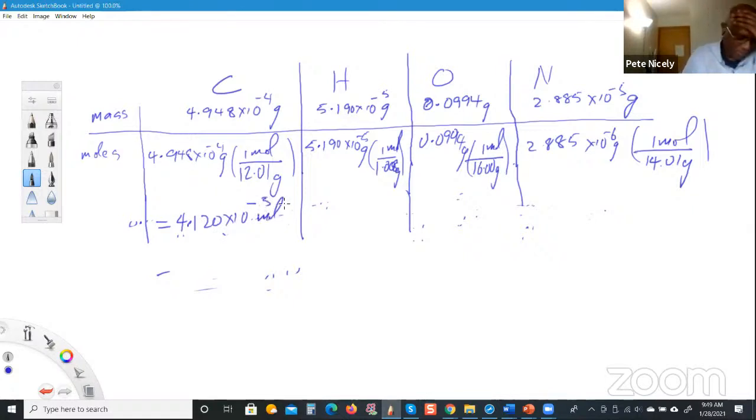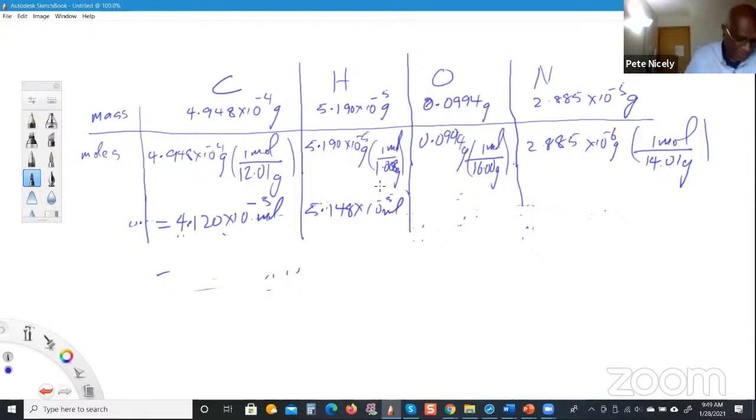And then for hydrogen, it's 5.190 times 10 to the minus 5 divided by 1.008. According to my calculations, this works out to be 5.148 times 10 to the minus 5 moles.